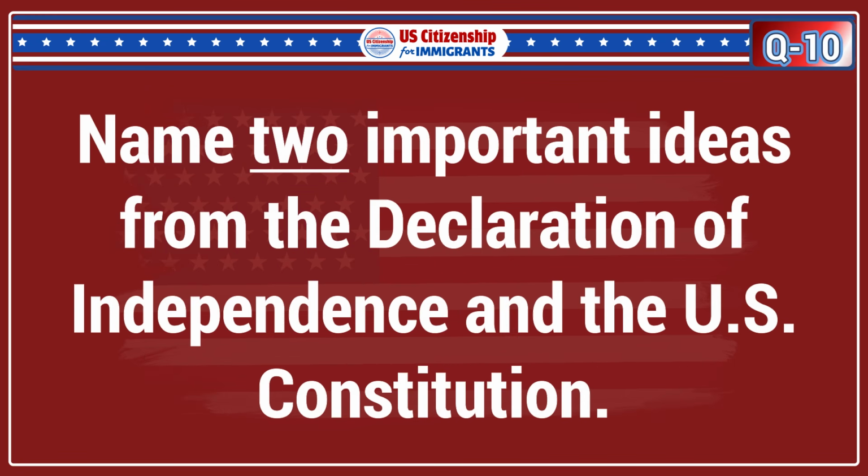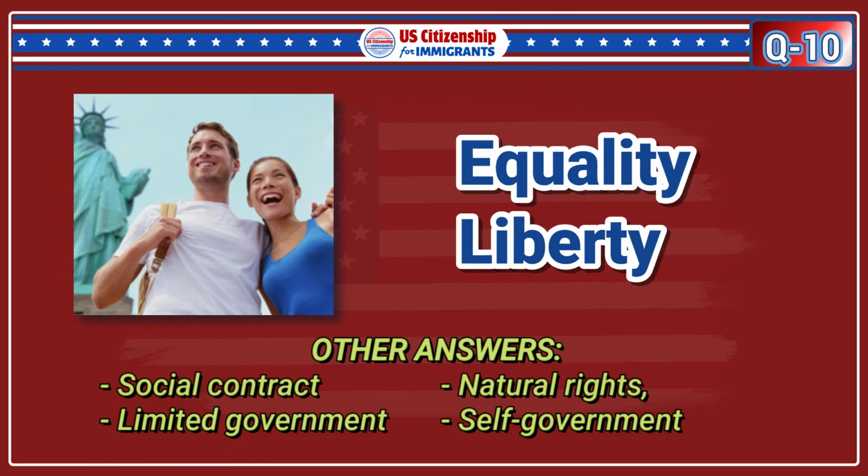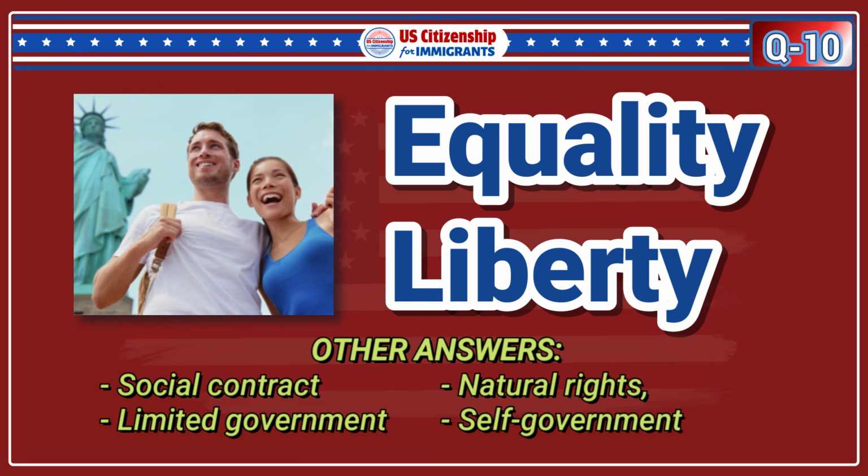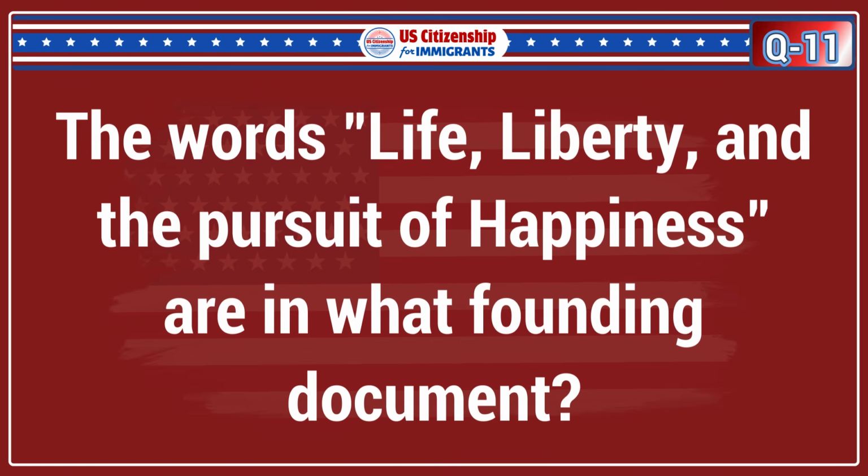10. Name 2 important ideas from the Declaration of Independence and the U.S. Constitution. Equality. Liberty. 11. The words life, liberty, and the pursuit of happiness are in what founding document?